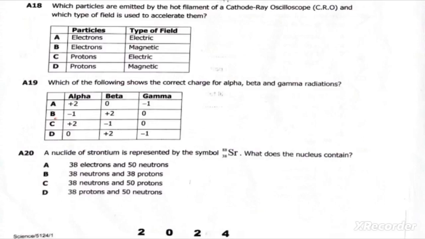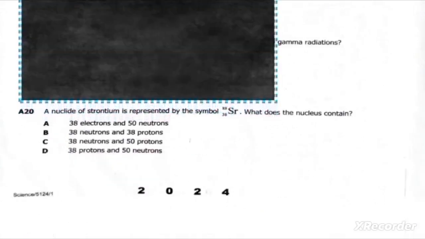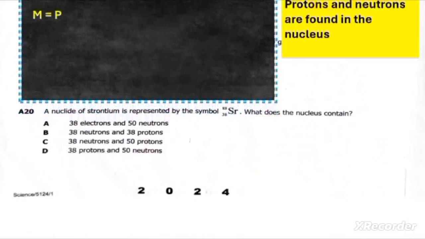Okay, so to answer this question, we are going to say protons and neutrons are found in the nucleus. We have the proton number, which is 38. So the mass number, which is 88, is equal to 38 plus the number of neutrons.